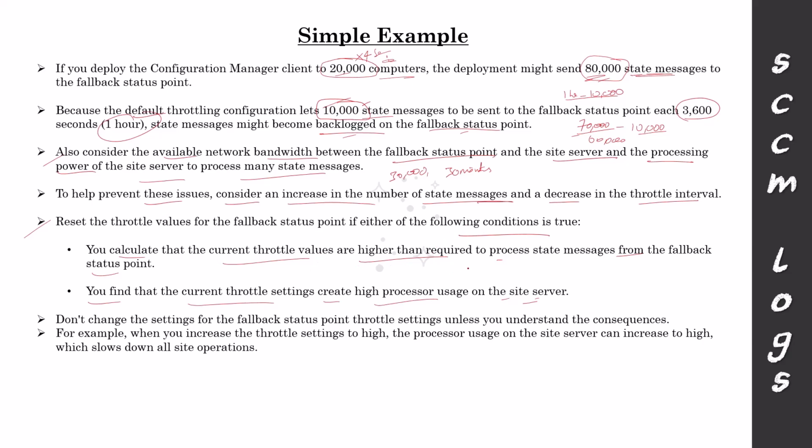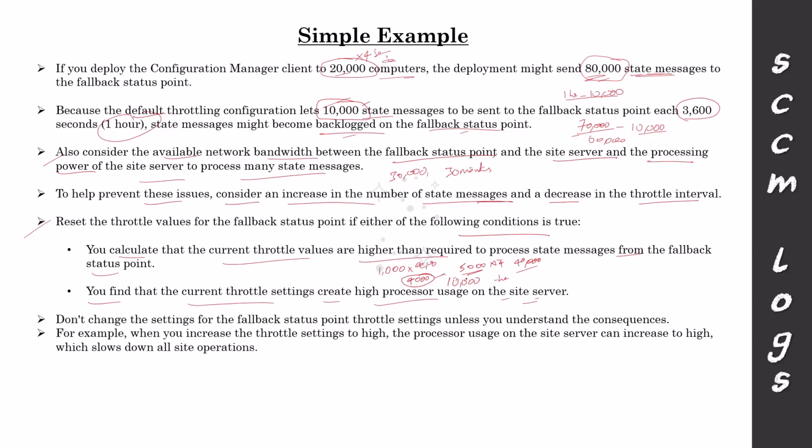For example, you have only a small number of computers. Say you have only 5,000 computers: 5,000 times 4 will be 40,000. Let's say you have very few computers, for example 100 computers times 4, so you have 400 state messages to send. Currently we configured 10,000 for the 1 hour of time, right?